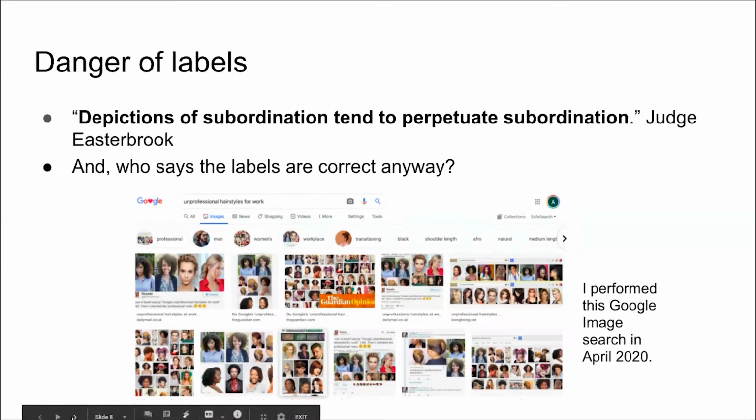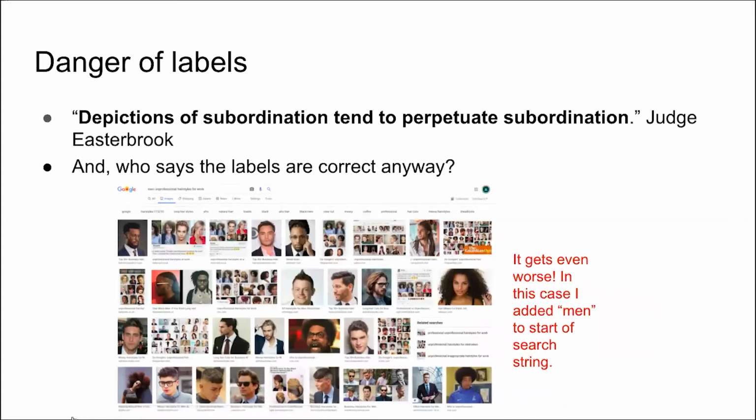So putting in this label itself is harmful. And sometimes you want to question the label and say, why do we even have an unprofessional hairstyle label? It's one thing to say you have an unsafe hairstyle. Perhaps you work at a construction site and something like a ponytail might not be safe. But why unprofessional? Is that just a label that is itself used as a form of subordination?